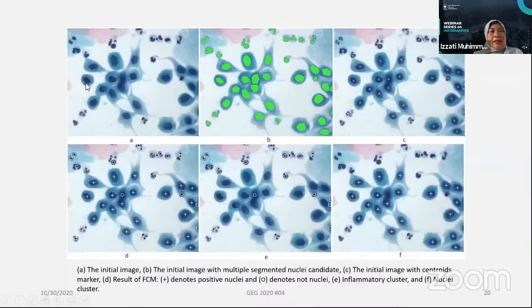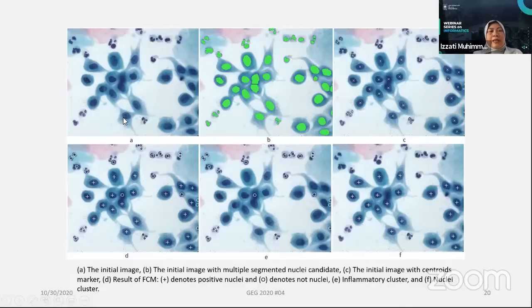As I mentioned earlier, the epithelial cell has a nucleus surrounded by the cytoplasm, which here is light blue, and the nucleus is the darker color here. But these cells are not epithelial because the cytoplasm has broken. So this will be categorized as an inflammatory cell.